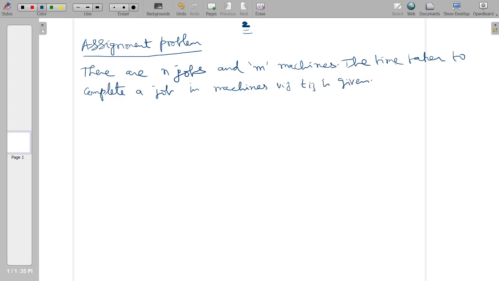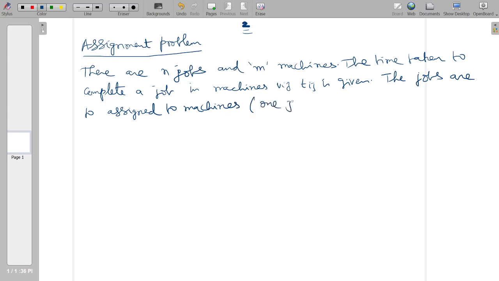Okay, so now what will be the aim? The jobs are to be assigned to machines. Okay, the jobs are to be assigned to the machines.